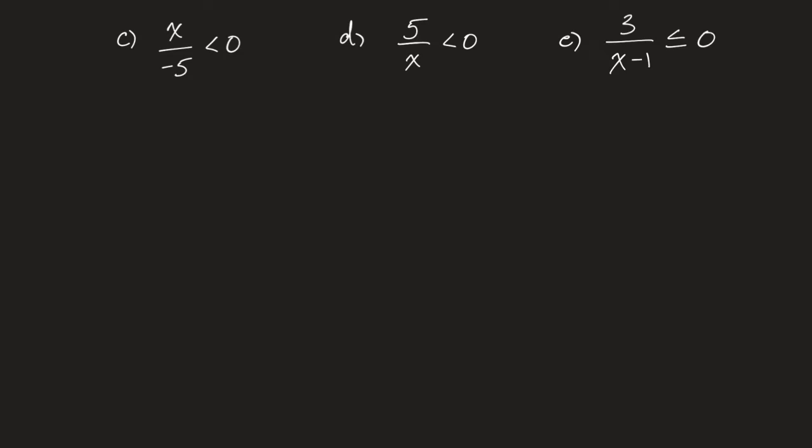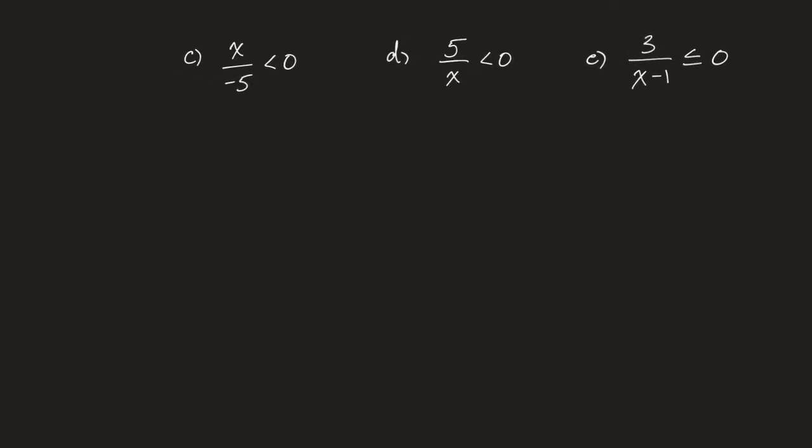Okay, we see these three inequalities, and I think C should have been okay. We could have looked at that and said, well, to get the x all by itself, I'm going to get rid of my divide by -5, so I'm going to multiply it out. Maybe we wrote that down, and maybe we went back and did a little check. We said, okay, x is less than 0.